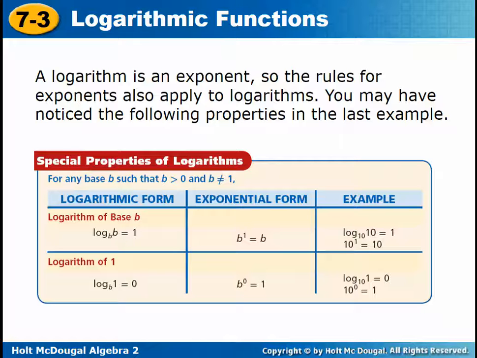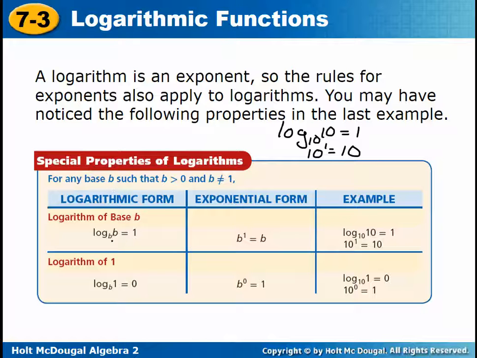There are some special properties for logarithms, and we looked at some of those already in our examples. If you have log base b of b, you will get 1. We looked at that in an example. We had log base 10 of 10, and we rewrote that in exponential form, and you'll see that that would be 10 to the 1 power equals 10, which makes perfect sense, since anything raised to the 1 power is equal to itself.